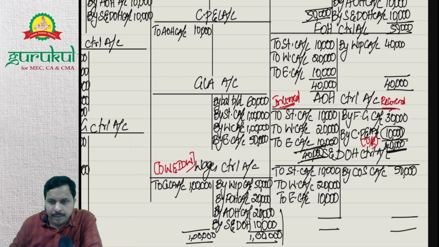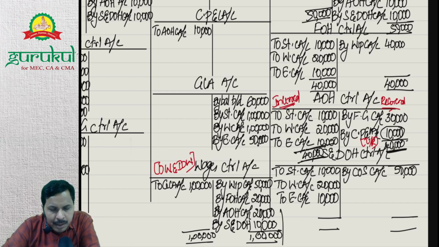I am taking 50,000 here. In the question, selling and distribution absorbed or recovered is given as 50,000. Therefore, I have written by cost of sales 50,000 in the selling and distribution overheads control account.